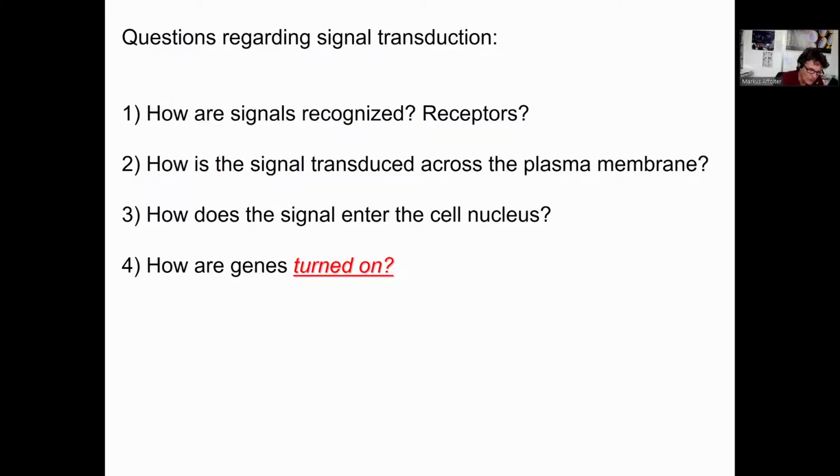All of these cells will turn on that. But all of these cells will turn on genes that are specific for their own tissue, liver cells, blood cells, brain cells, muscle cells. BMPs, or DPP, does something else in each and every one of these cell types. And that's what we want to understand.